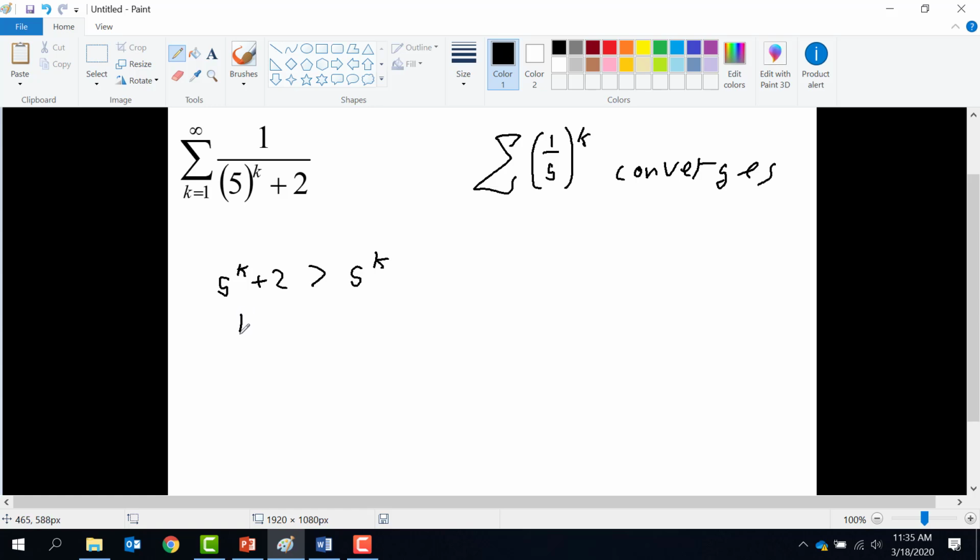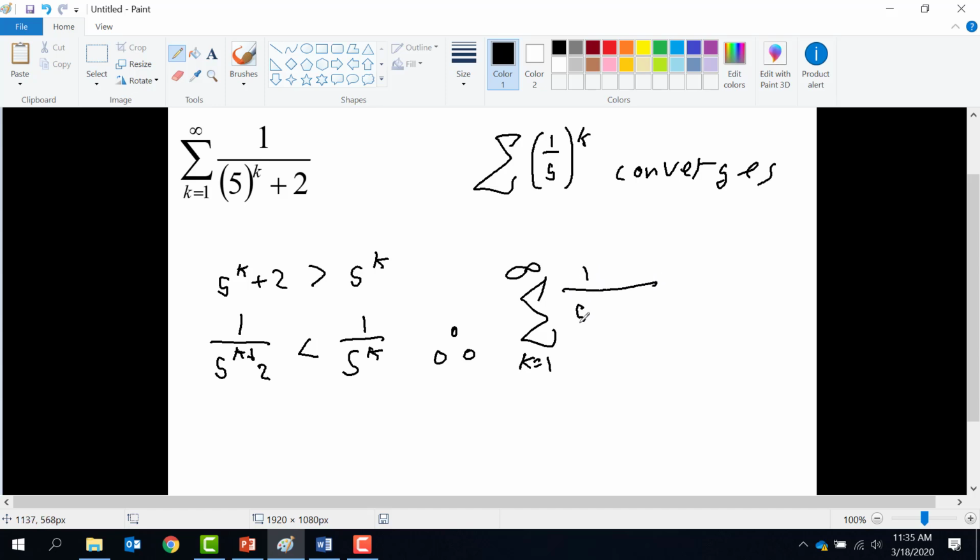And so then when I flip them, 1 over 5 to the k plus 2 is going to be less than 1 over 5 to the k. So the terms of this series are less than the terms of this series, therefore your original series converges.